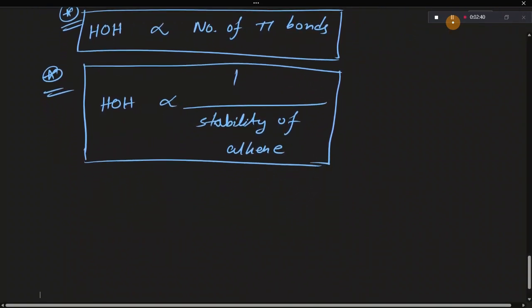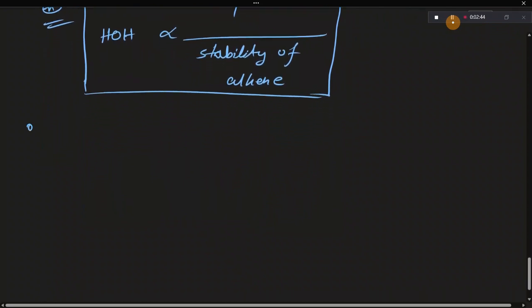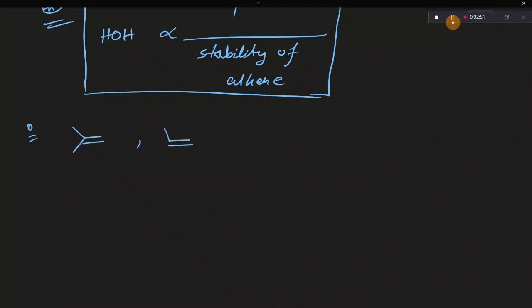This point is very important. Now let us see an example. This is an alkene and this is an alkene. What is the order of heat of hydrogenation?